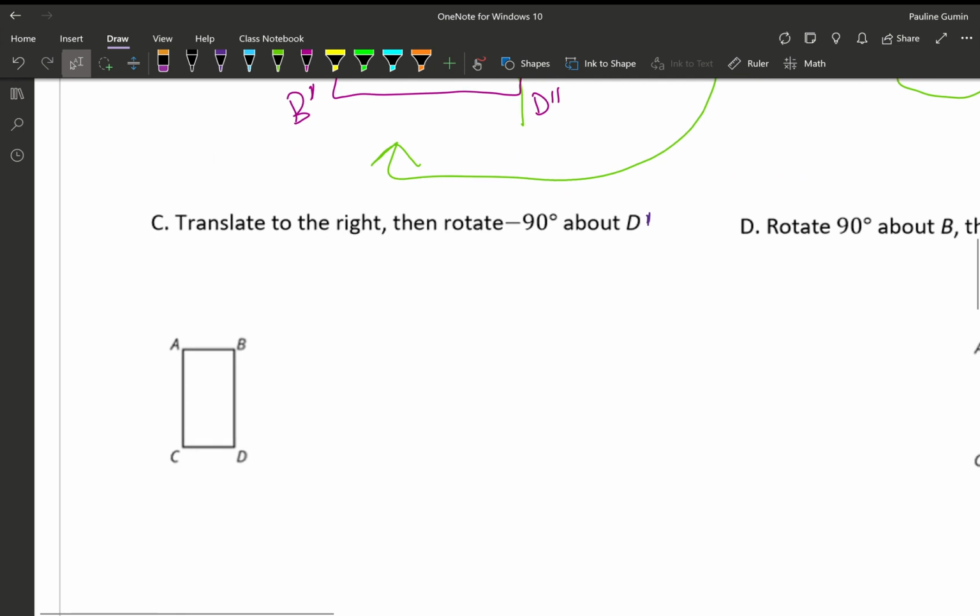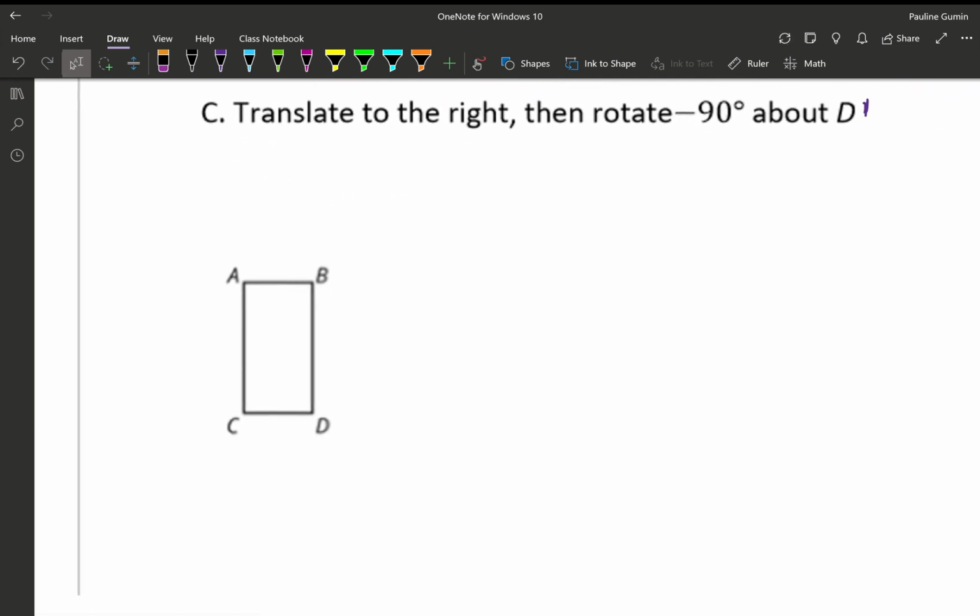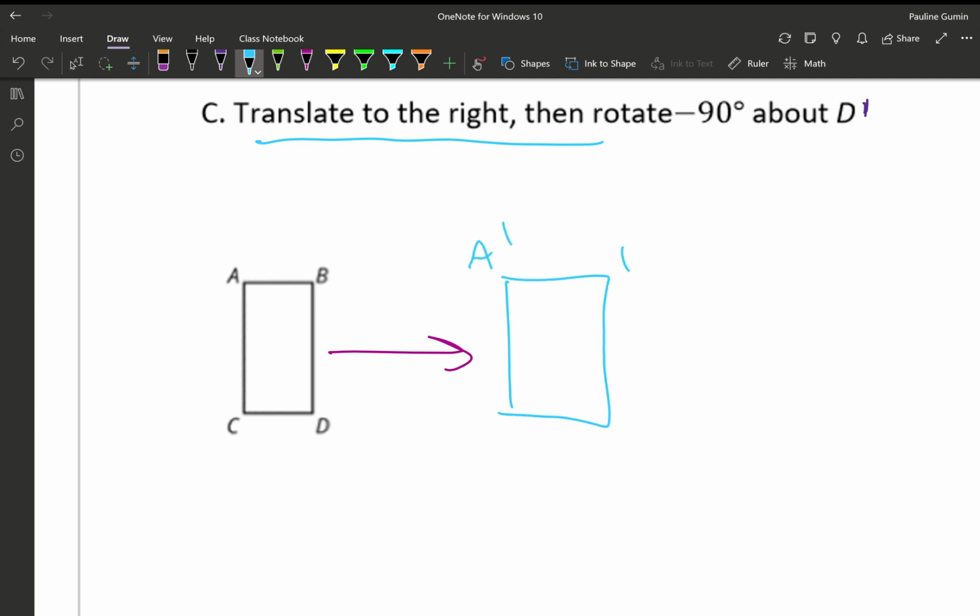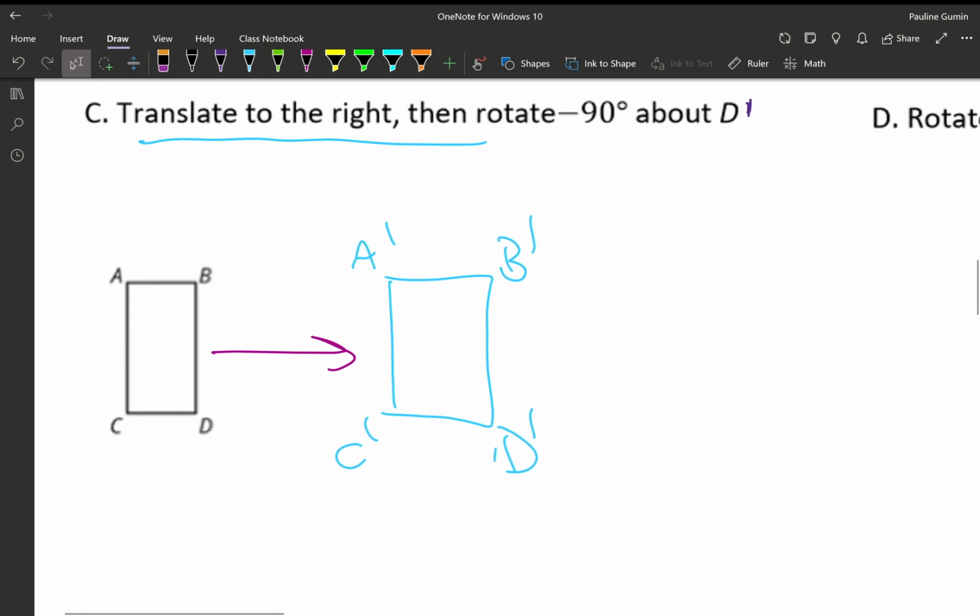All right, letter C asks us to first translate to the right. Let's do that. So A, B, C, and D. And then we're going to rotate 90 degrees about D prime. Okay, so D prime goes in the middle here.